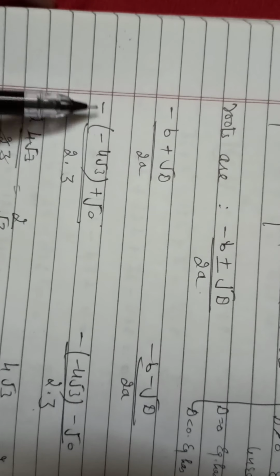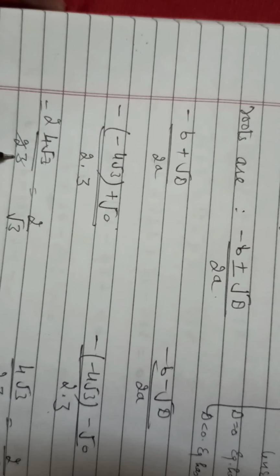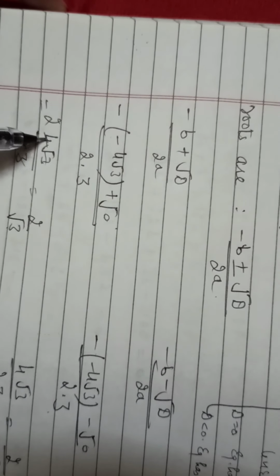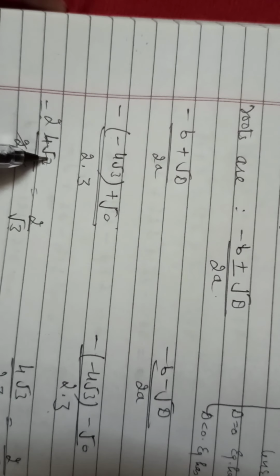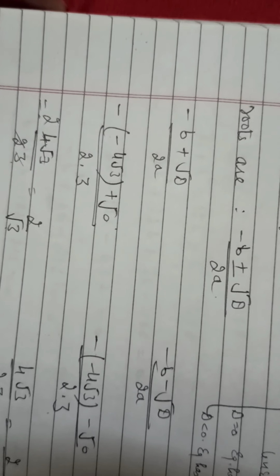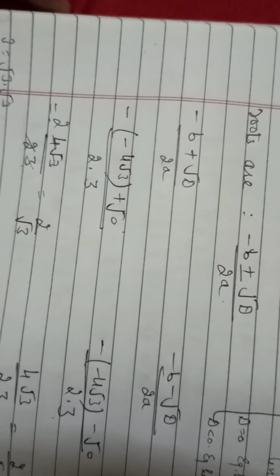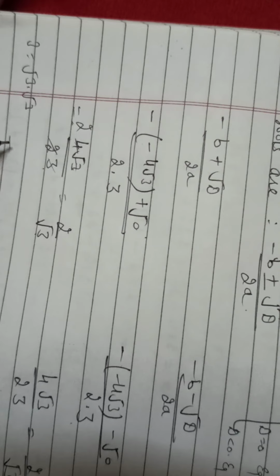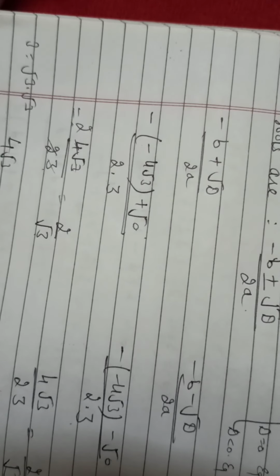Minus minus plus, 4 root 3 upon 2 into 3. Here 2 will come. You know 3 means root 3 into root 3. So this is 4 root 3 upon 2 into 3.